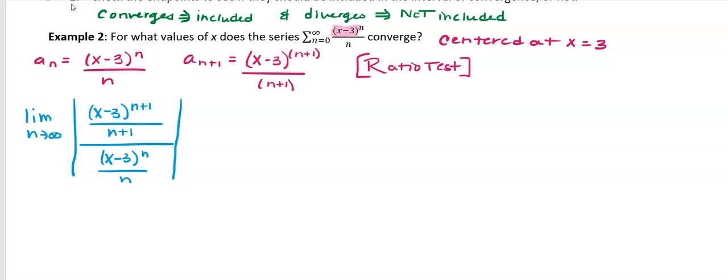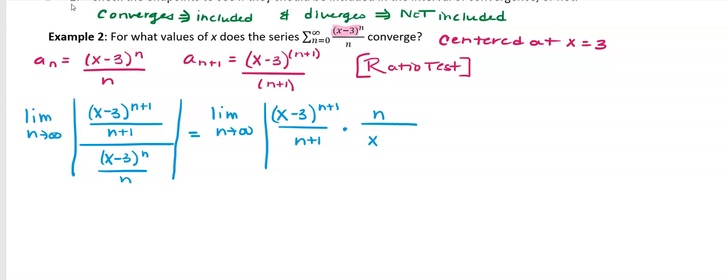And now we need to simplify. When you're dividing by a fraction, it is best to simplify by multiplying by the reciprocal. So we will end up with x minus 3 to the n plus 1 over n plus 1 times, and the reciprocal would be n over x minus 3 to the n power.